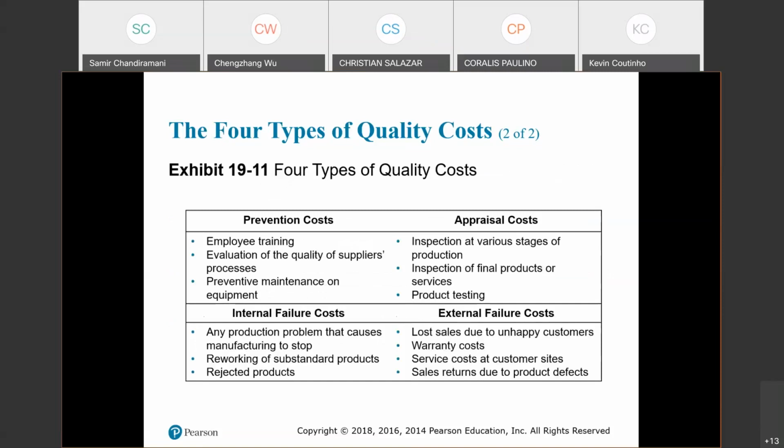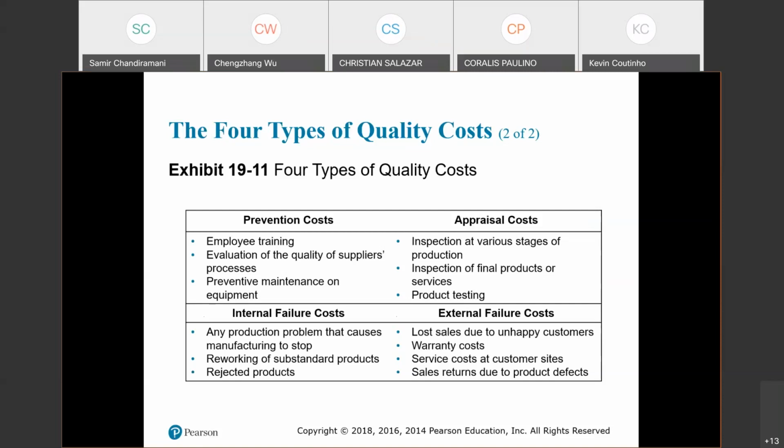External failure causes an increase in customer service costs, or it could cause lost sales due to an unhappy customer. External failure costs ultimately affect warranty expense claims, or sometimes even potential lawsuit liability exposure.